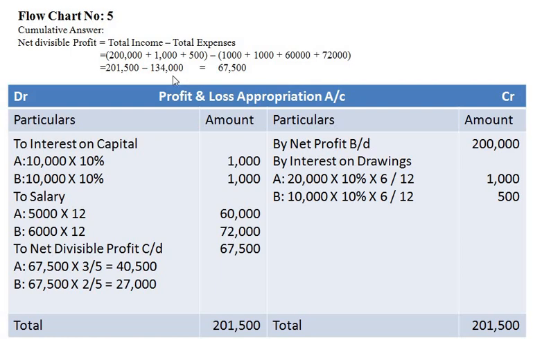That way we are getting expenses of 134,000. Our income is 201,500, our expenses 134,000. Our income is in excess of our expenses, which means we are getting profit. How much profit? 67,500. The 67,500 is known as net divisible profit.